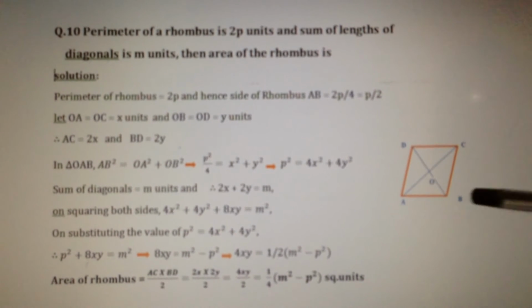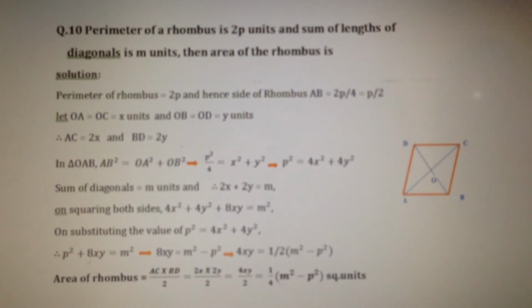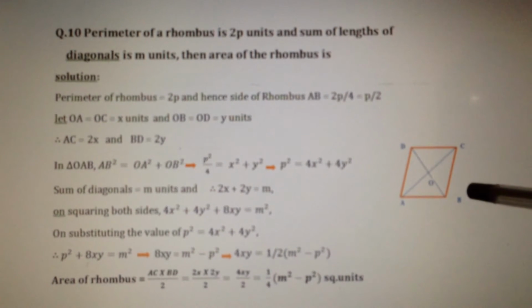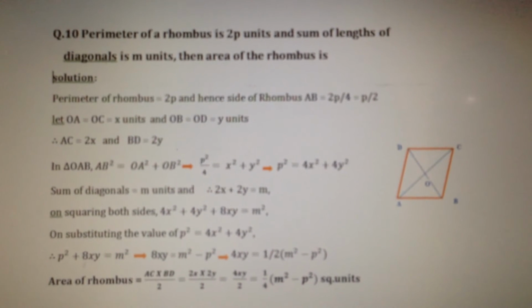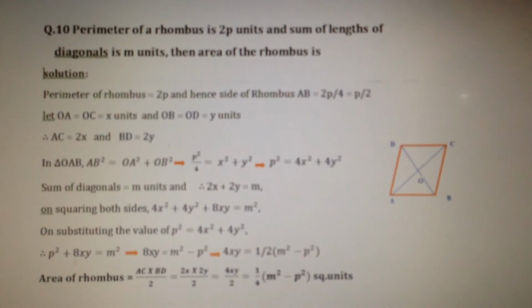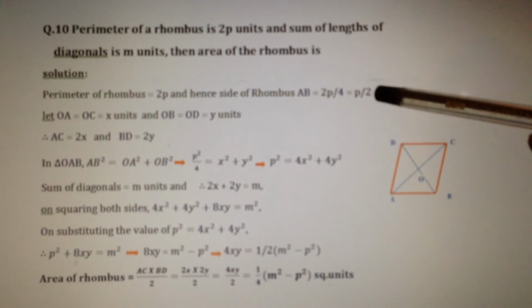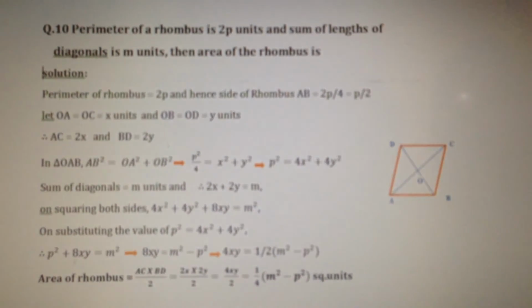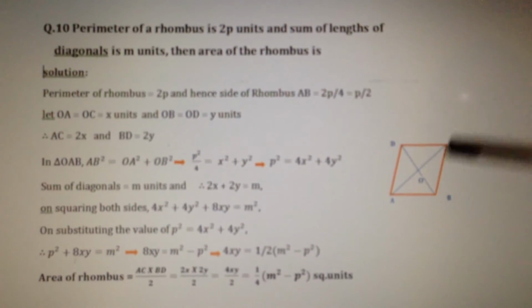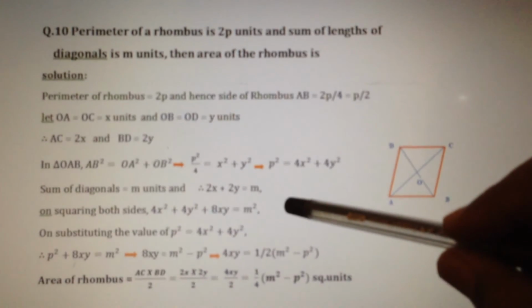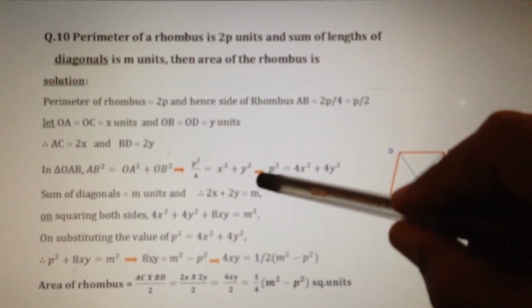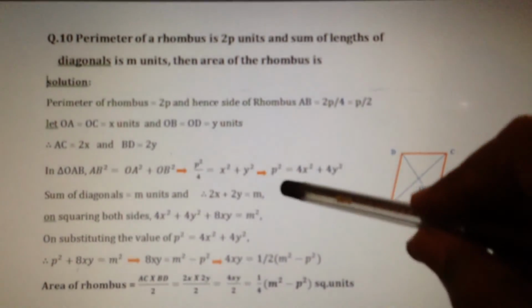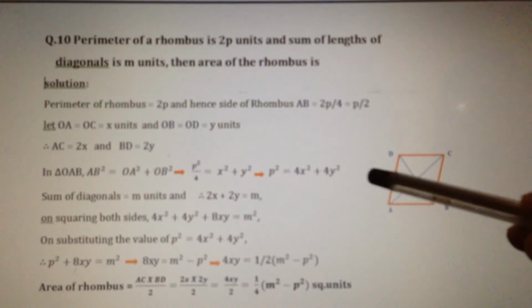In triangle OAB, AB square is equal to OA square plus OB square according to Pythagoras theorem. AB square is nothing but p by 2 whole square or p square by 4 is equal to, this is x and this is y. P square by 4 is equal to x square plus y square and p square is equal to 4x square plus 4y square.